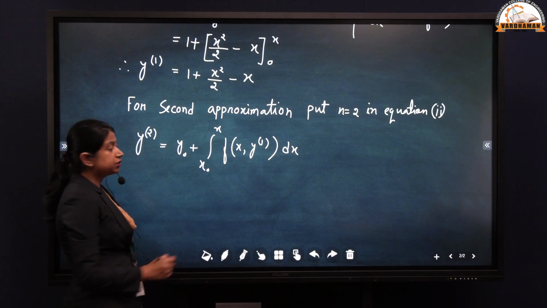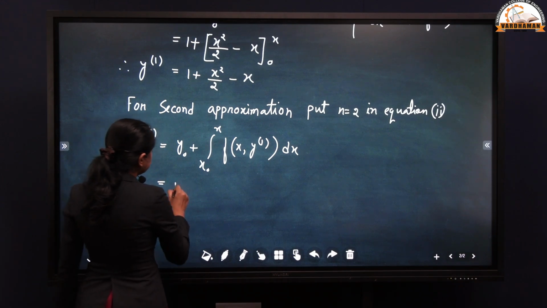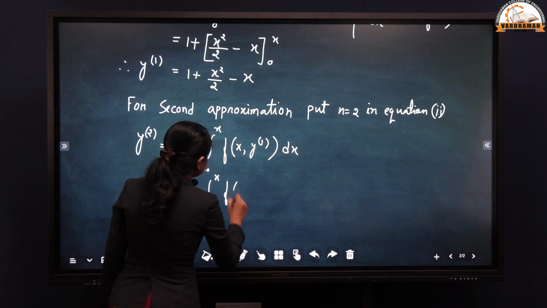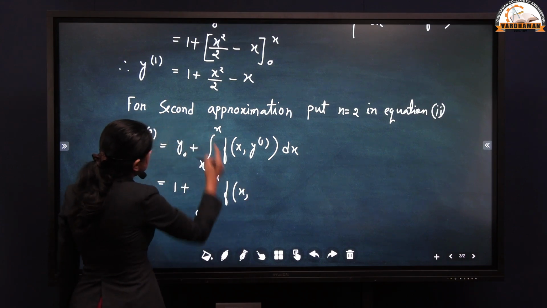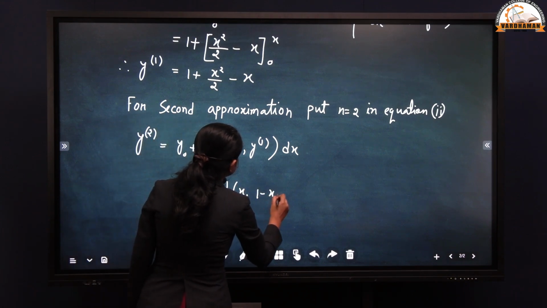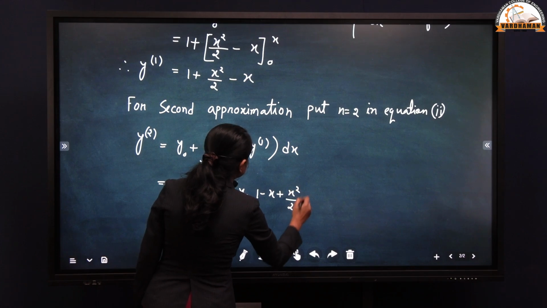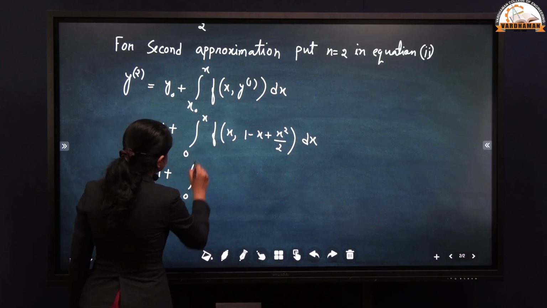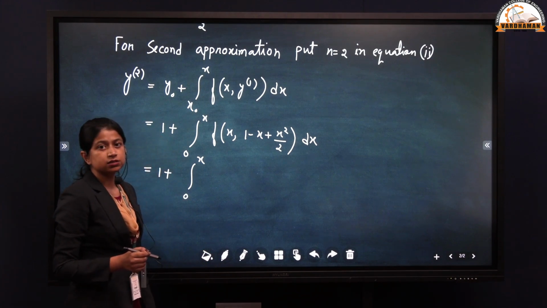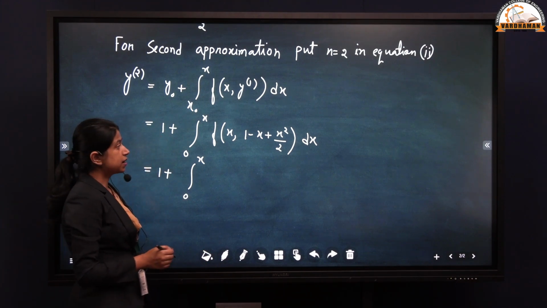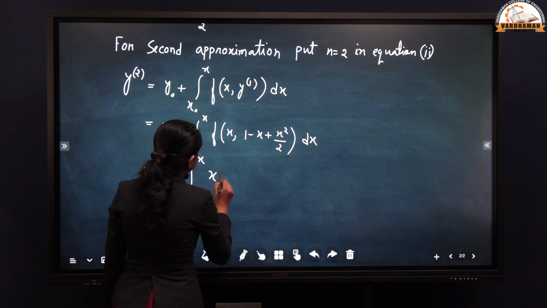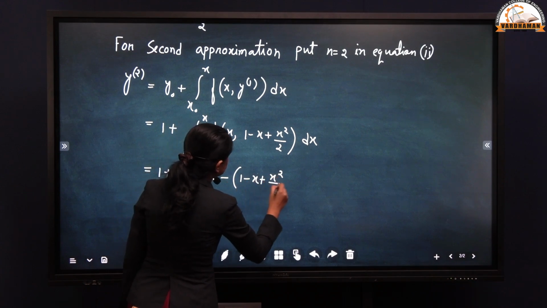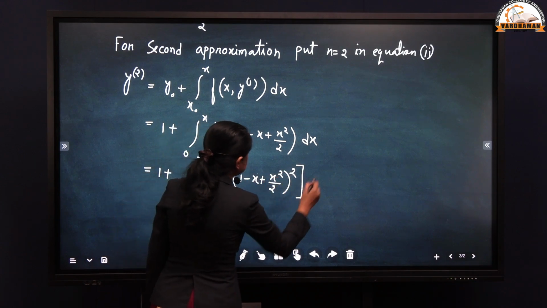Now let us substitute the values. y naught is 1 plus integration 0 to x f of x comma y1, which is 1 minus x plus x square by 2, dx. Here f of x comma y is x minus y square. We will get x minus (1 minus x plus x square by 2) whole square, and this is dx.